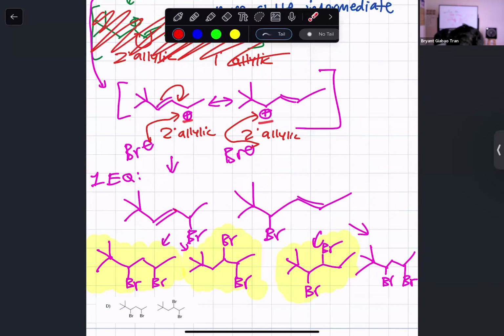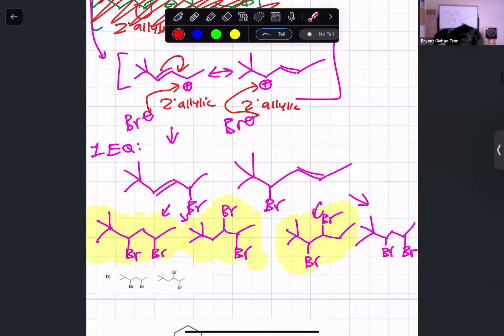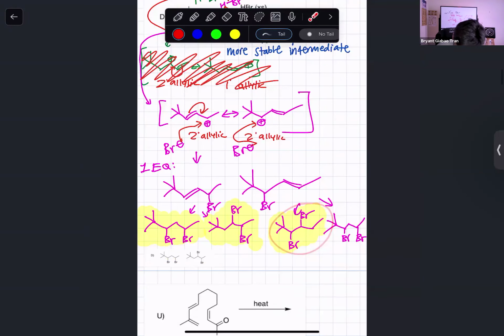Secondary allylic carbocation. Yeah, I don't know, it should be the other products as well. Like this one should be included, but I'm not sure why they didn't include that here.